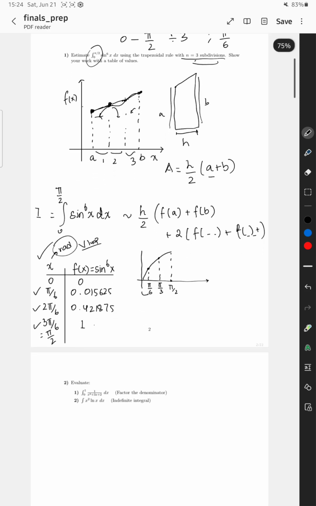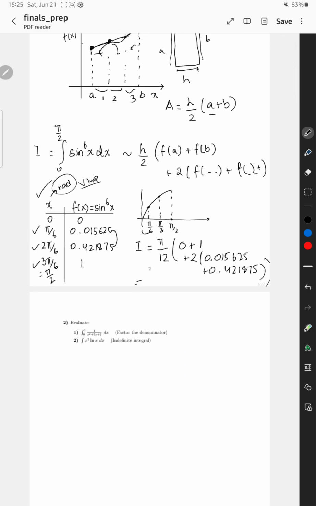Now we'll just simply use the integral formula here. h is pi by 6, so pi by 6 over 2 becomes pi by 12. These two values are the end values, and they would be added once, as I've said: 0 plus 1. Everything else that is in the middle would be added twice. So that is very important to note, that everything else in the middle, however many terms there are, you just need to add those twice. This comes from this geometrical understanding that these are trapeziums, as we've already mentioned.